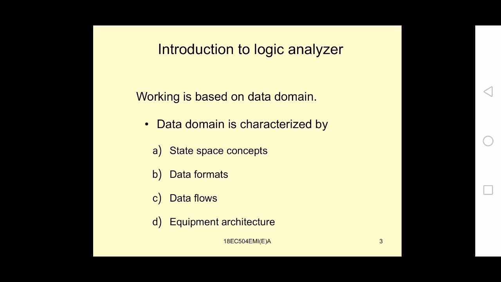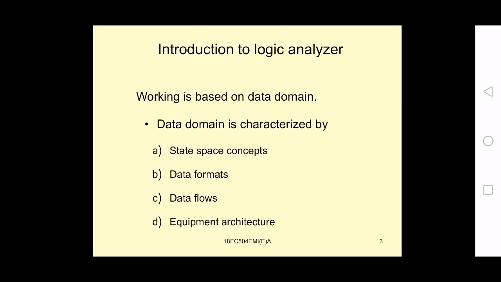What is the present state, what is the previous state, and what is the next state. Based on those events, we have the Mealy machine and Moore machine. Based on the previous and present activity, what is the condition, that we discuss in state space concepts.